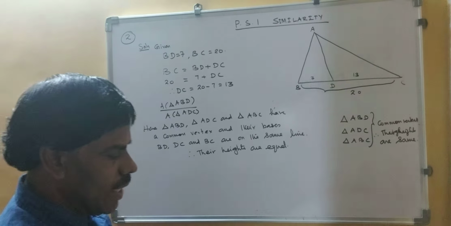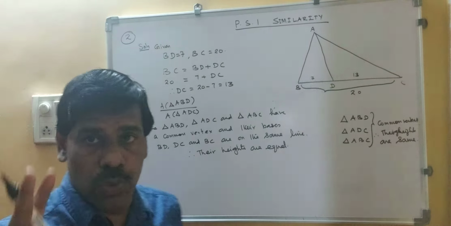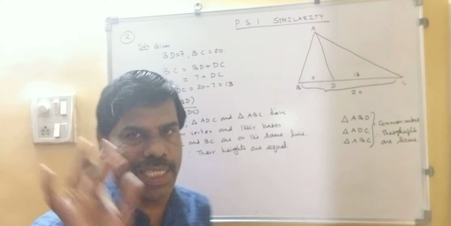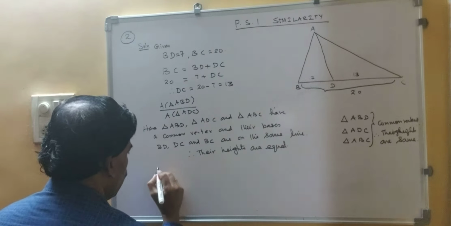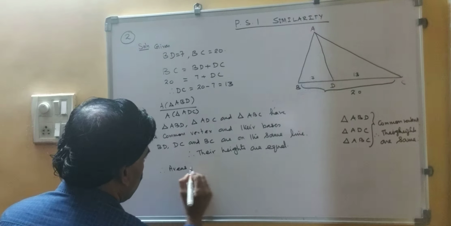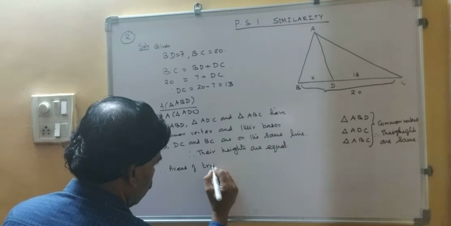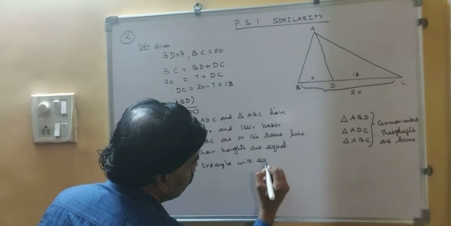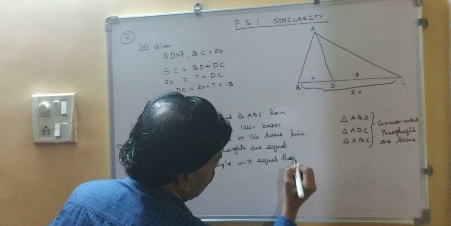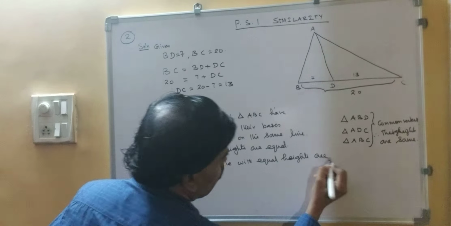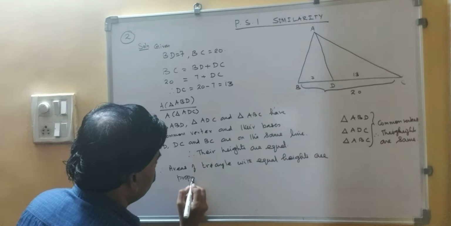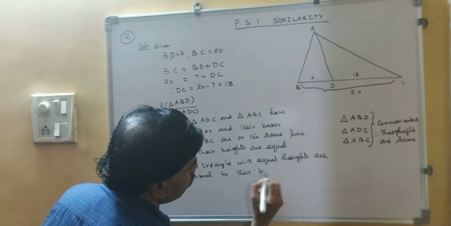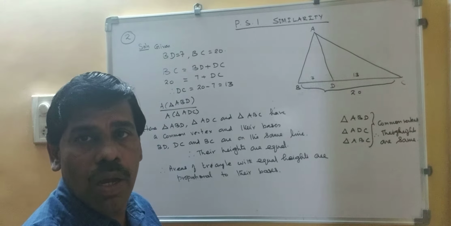Okay. Now, if in 2 triangles their heights are the same, the areas are proportional to their corresponding bases. Therefore, areas of triangles with equal heights are proportional to their bases. Correct or not?